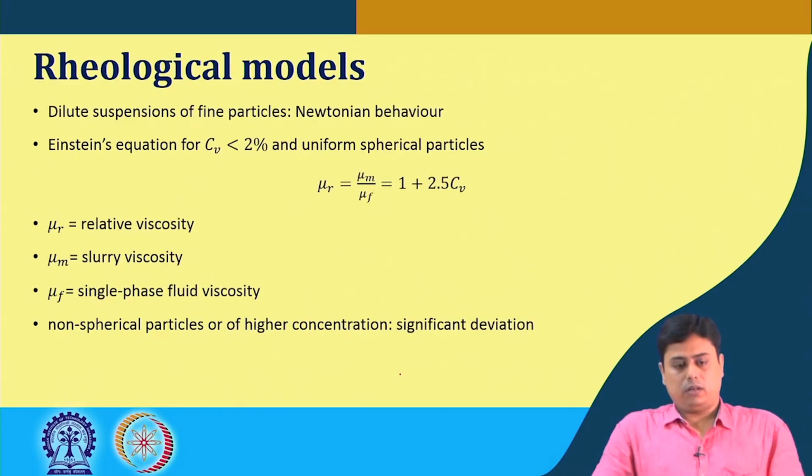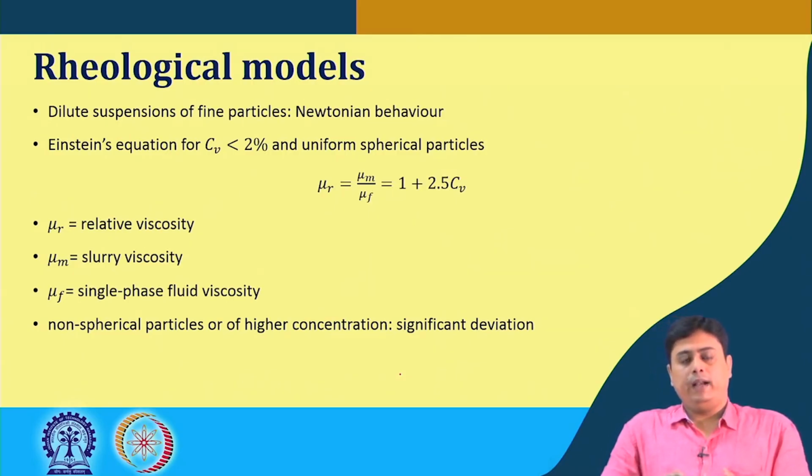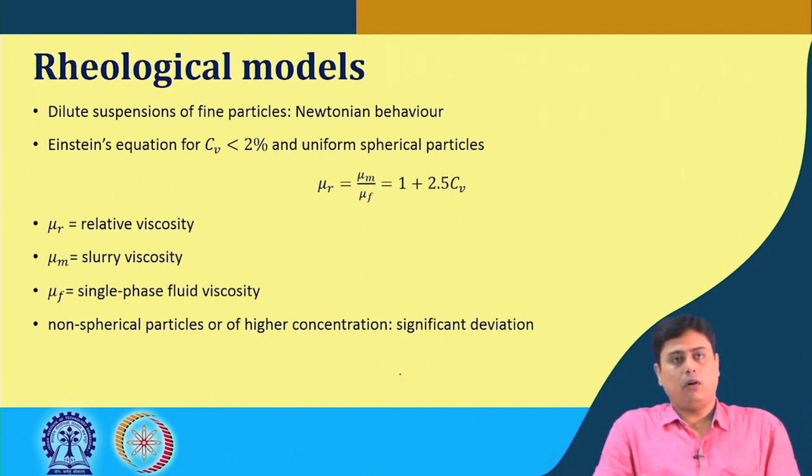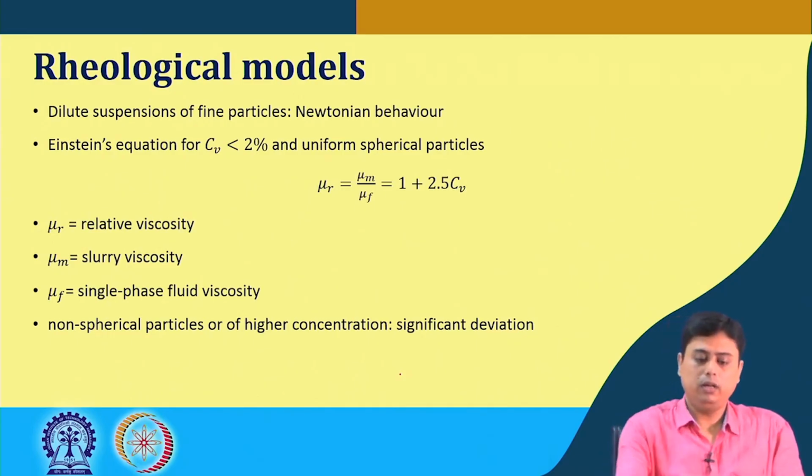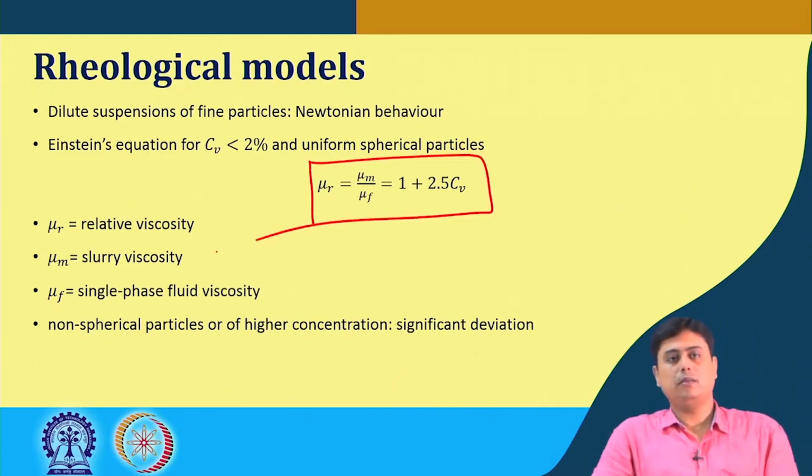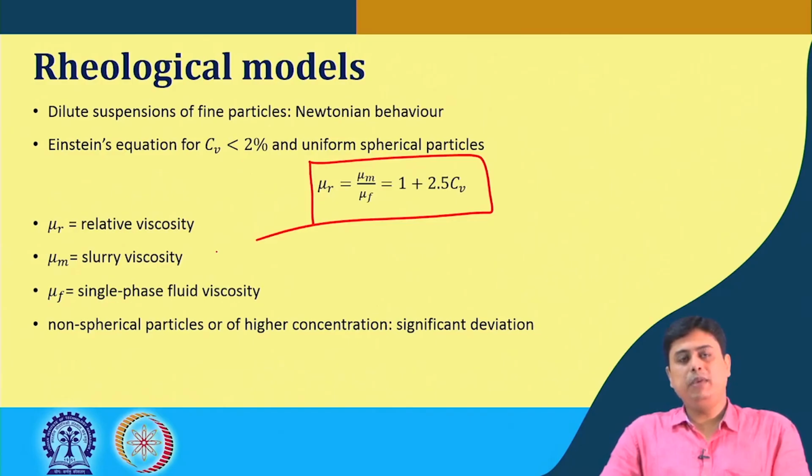Now, dilute suspensions of fine particles basically behave as Newtonian fluid, and in order to obtain the viscosity, there is a theoretical relation proposed by Einstein, which says that for less than 2% volume fraction of solids in a slurry which contains uniform spherical particles, the viscosity can be obtained from the Einstein relation, given as this expression, where mu m is the slurry viscosity, mu f is the single phase fluid viscosity, that means the original liquid viscosity, and Cv stands for the volume fraction of the solids.